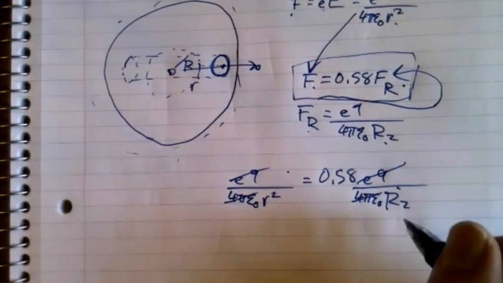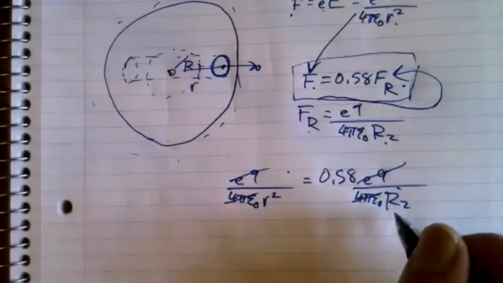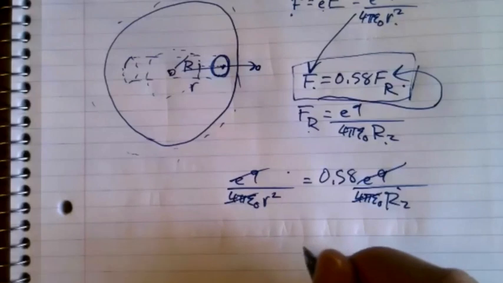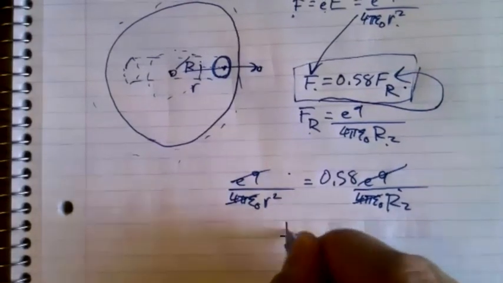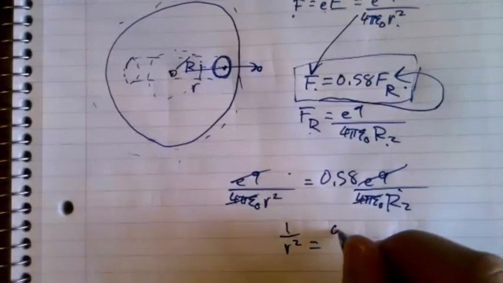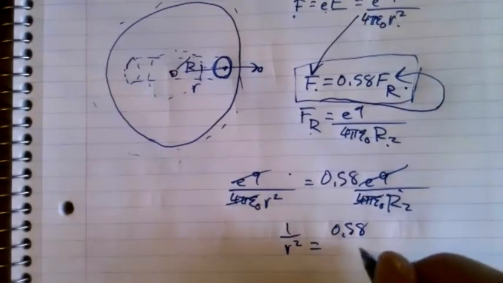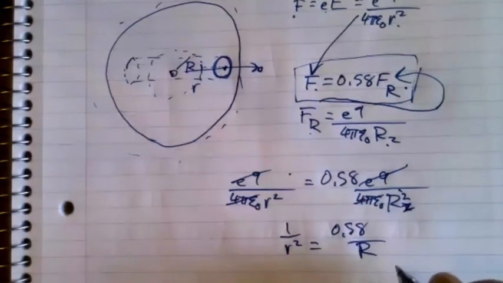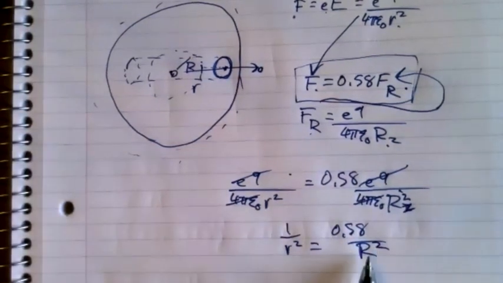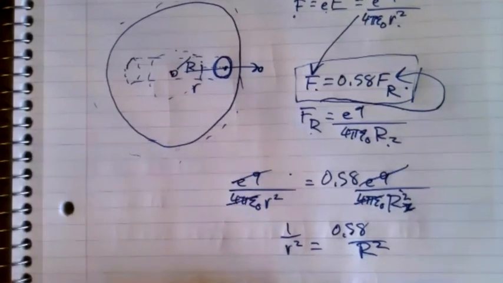And now I'm going to end up with R squared, 1 over R squared is equal to 0.58 times, that should be an R squared up there, divided by R squared. So now I can get this in terms of R, or little r.